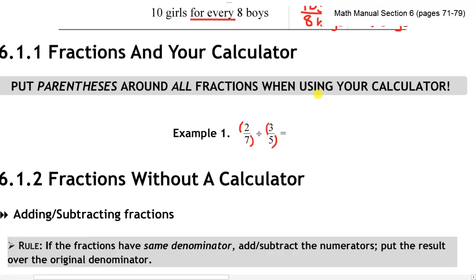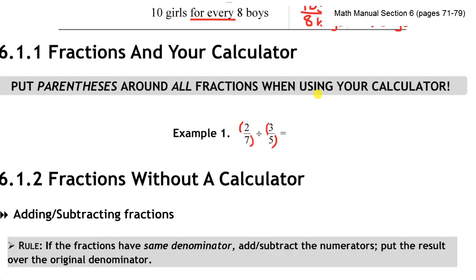Keep in mind that, again, some calculators have nice functions for handling fractions. They allow you to enter fractions actually in nice fractional form. If you want to know about any of those functions, you can ask your tutor. So in this case, we're going to do 2 divided by 7 in the calculator.